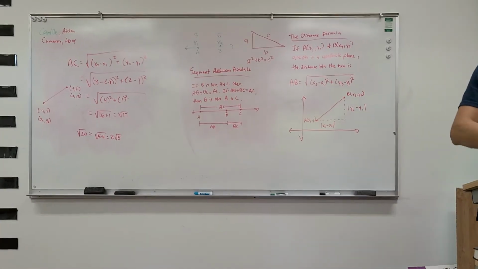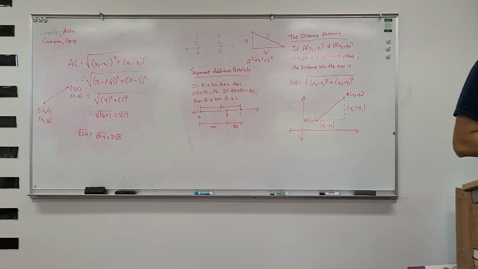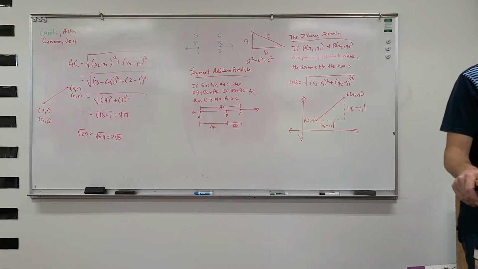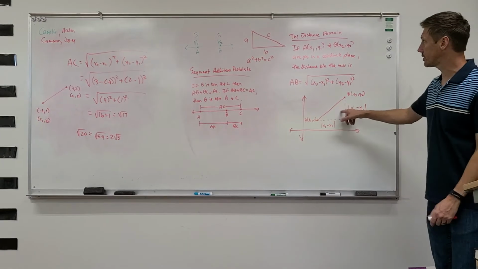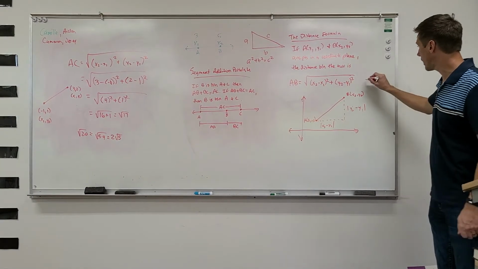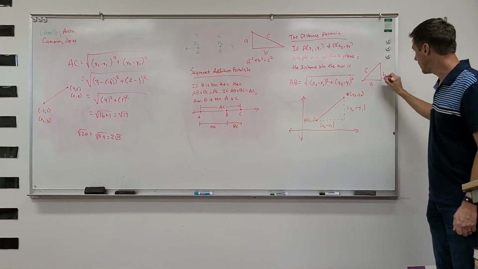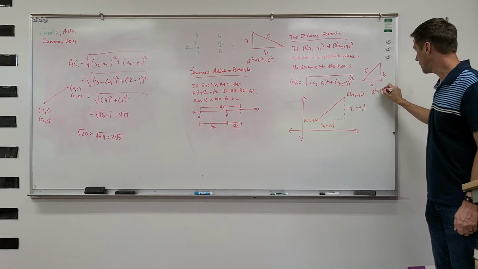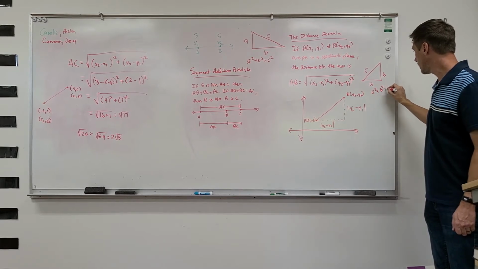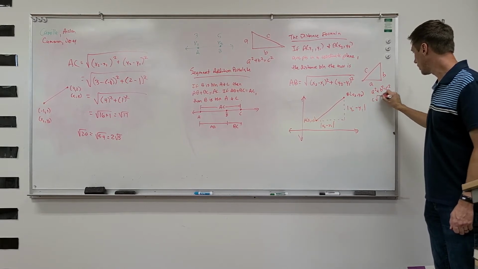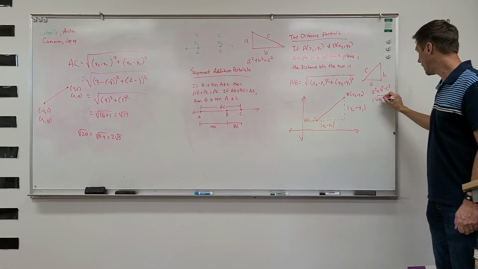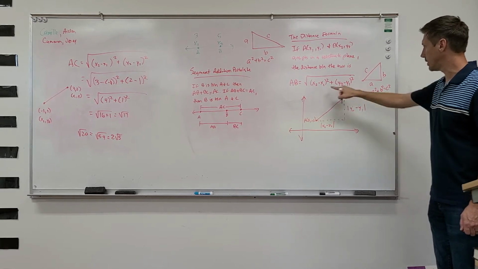The next section goes through the distance formula and the Pythagorean theorem, exactly what I've already done, just showing you that these are the same thing. I could draw my little triangle as CAB, and it would be a squared plus b squared equals c squared, and so c equals the square root of a squared plus b squared, which is in essence what this is.